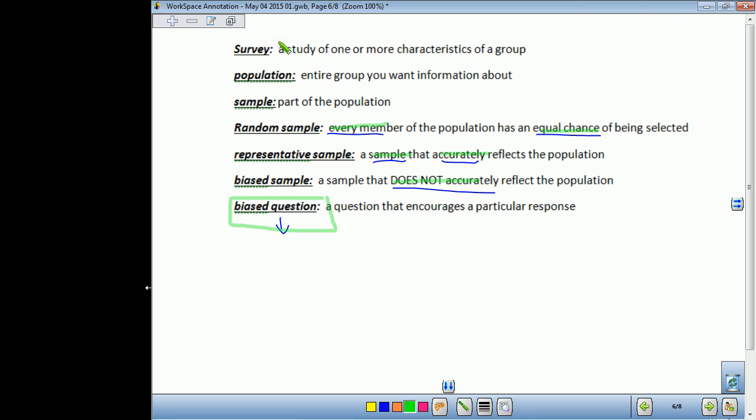And sometimes, even if we do all this right, we write biased questions. A biased question is a question that encourages a particular response. At the end of last year, the state sent me a survey on some of the things that were changing and some of the things we were doing, and quite a few of the questions were biased. They only had positive choices for the answers.